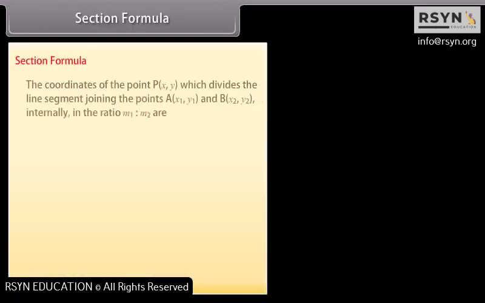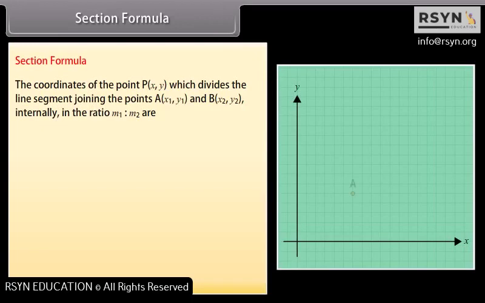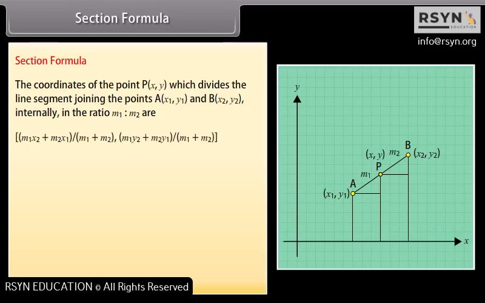Section formula. The coordinates of the point P x, y, which divides the line segment joining the points A x1, y1 and B x2, y2 internally in the ratio m1 is to m2 are m1x2 plus m2x1 by m1 plus m2, m1y2 plus m2y1 by m1 plus m2.